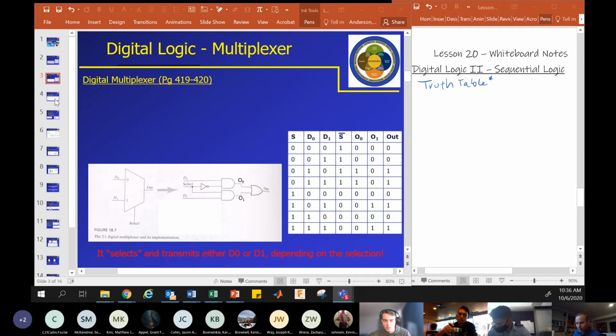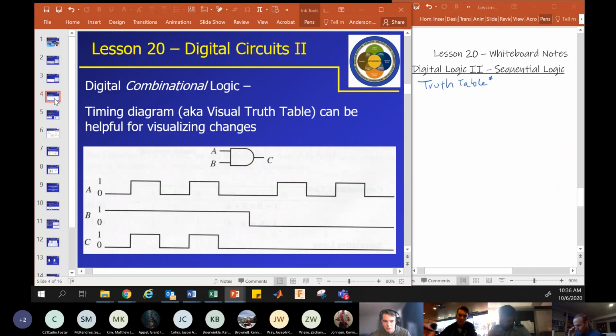Okay, all right, so for today, we are talking about combinational logic or sequential logic. What we talked about in the last lesson and just reviewed are devices that do not depend on time or timing. If you change the state at the input, then the output will change.